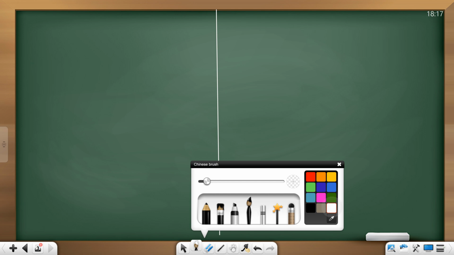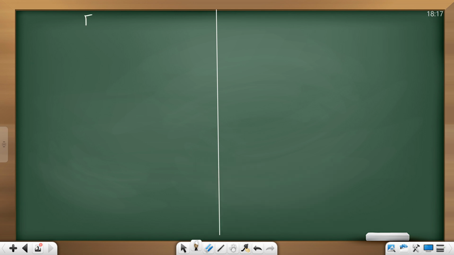Our second variable is F. There are 5 forces that we're going to look at. And these 5 forces, I'm going to categorize quickly, because of time. I'm going to categorize these forces into 2.